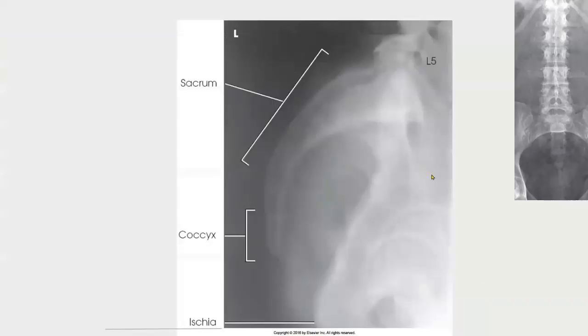So to look at the images, this is what we would see for a lateral sacrum. And do note, the coccyx is included. Whether it's from the collimation or positioning, this is a good, true lateral of the sacrum.